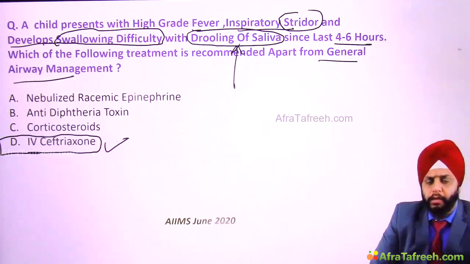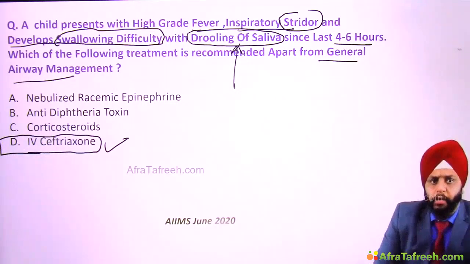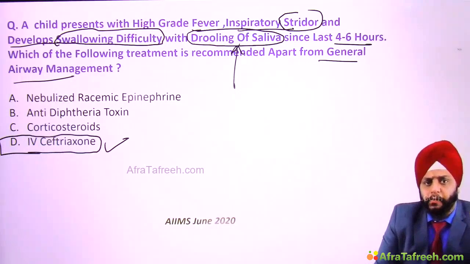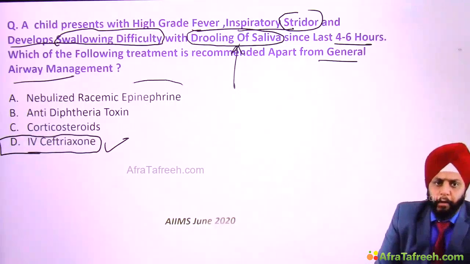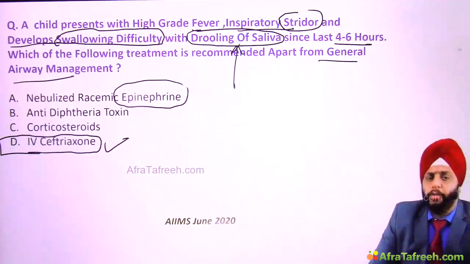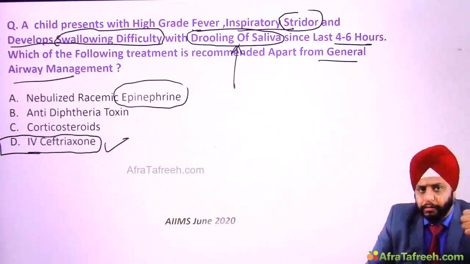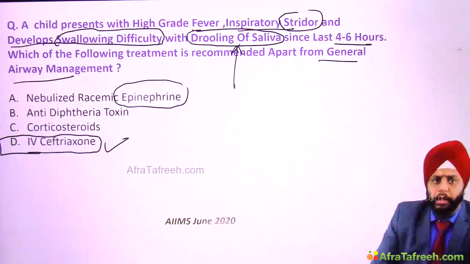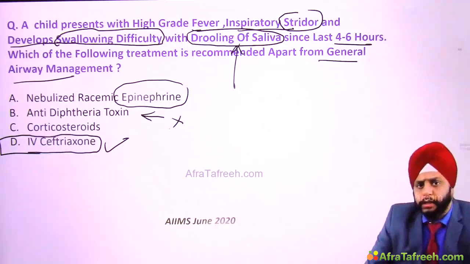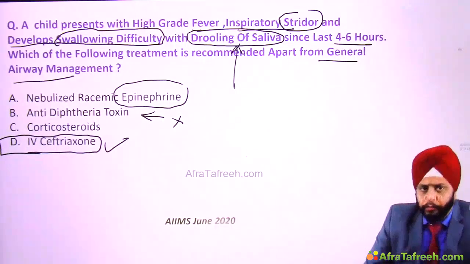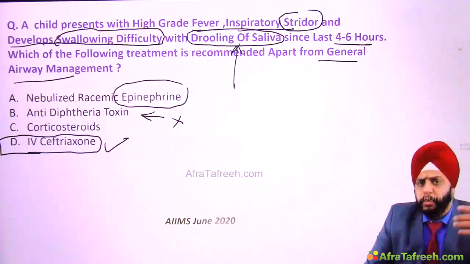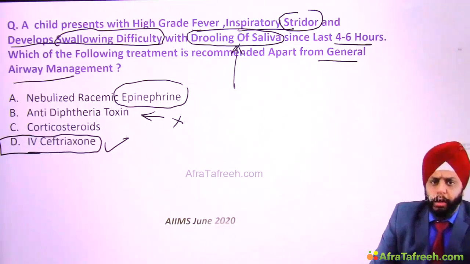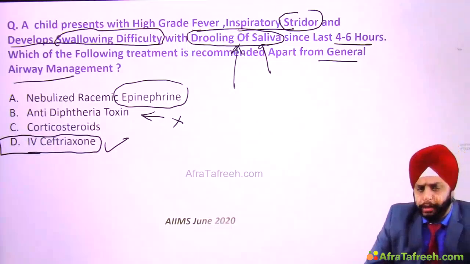Yes, that was what I would do. What about nebulized racemic epinephrine? We will not give epinephrine, rather we would like to give steroids to decrease the inflammation. Anti-diphtheria toxin is not required. We are not considering this as diphtheria. For diphtheria, we need a lot of other things, and drooling of saliva is generally not seen in diphtheria.